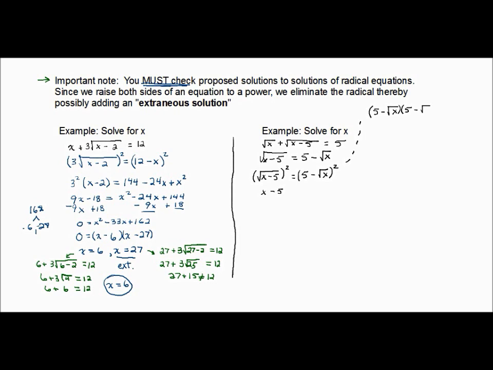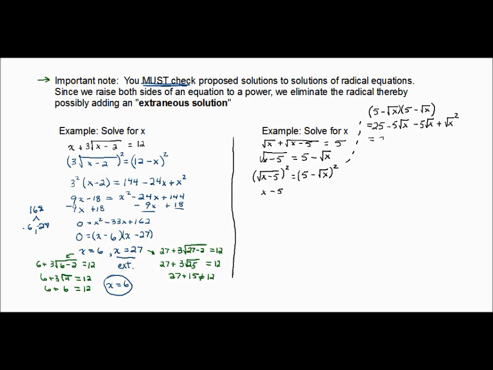Oh boy. All right, so that means we're going to have to actually FOIL with a radical in here, and we're going to end up with a radical expression, because we'll get 25 from our first terms. We'll get minus 5 times the square root of x, minus 5 times the square root of x from our outer and inner terms of our FOIL method multiplication, plus the square root of x quantity squared.